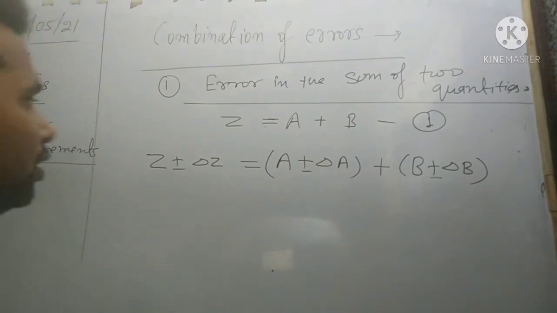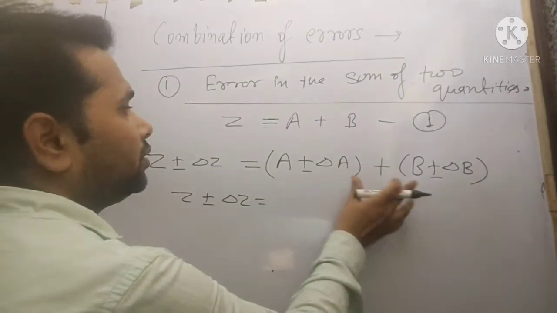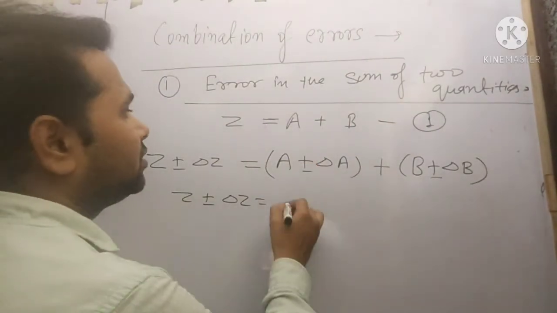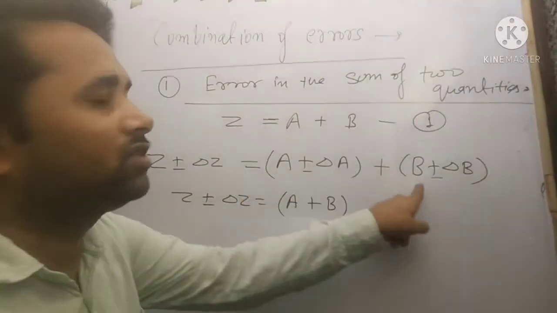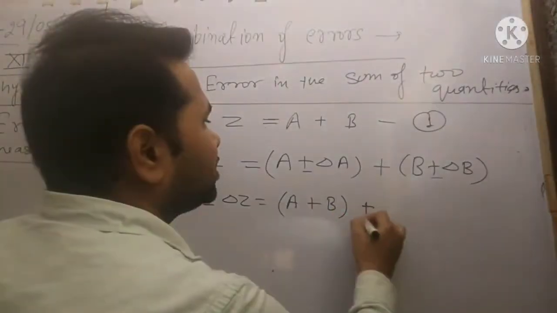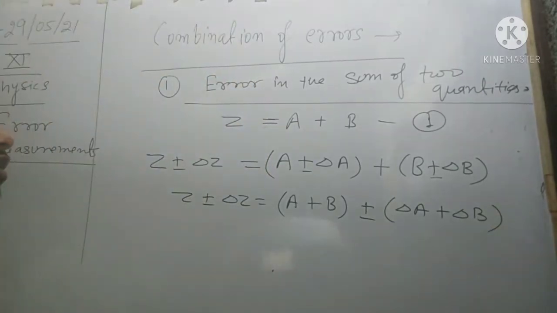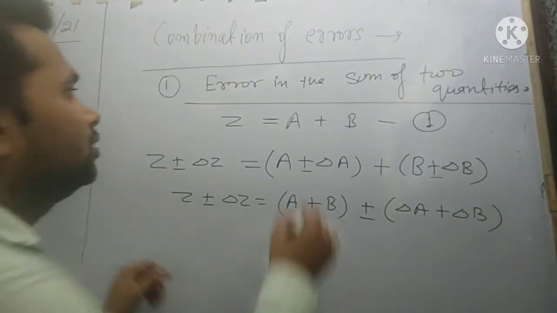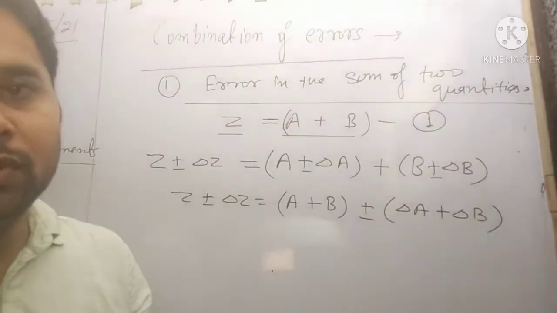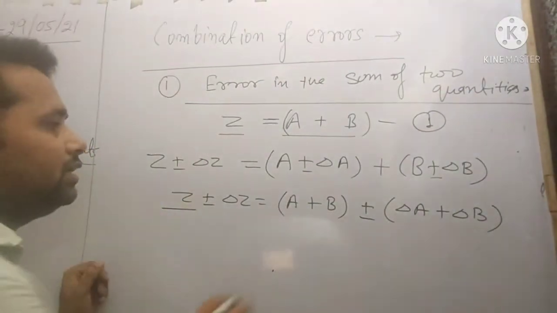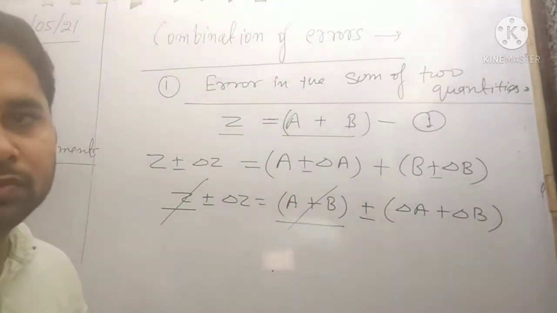Okay, now see, z plus minus delta z equals to, now opening this bracket and separating the terms, we can express this one as a plus b. a और b को सेपरेट कर लिया, and now plus minus delta a plus delta b. Now see, from equation number 1, z equals to a plus b. From left side z and right side a plus b both are equal to each other, so we can cancel out these two.